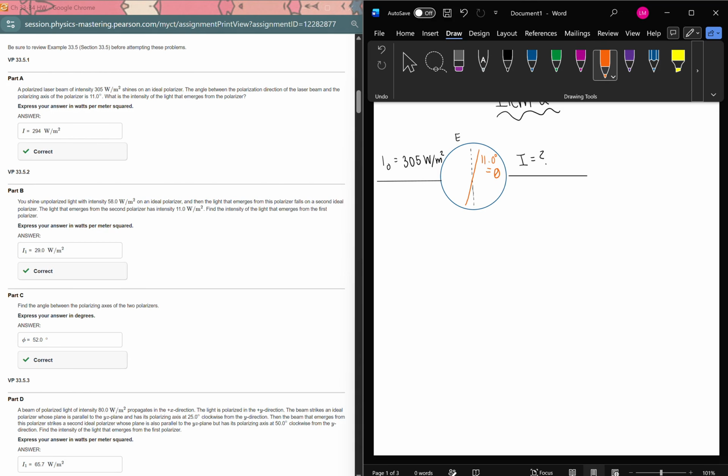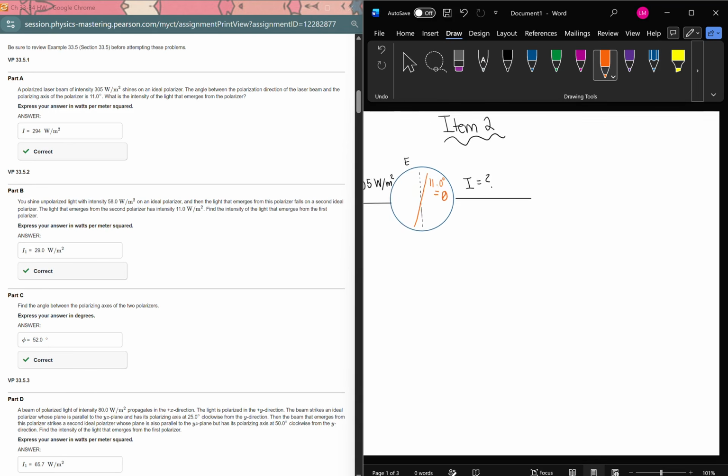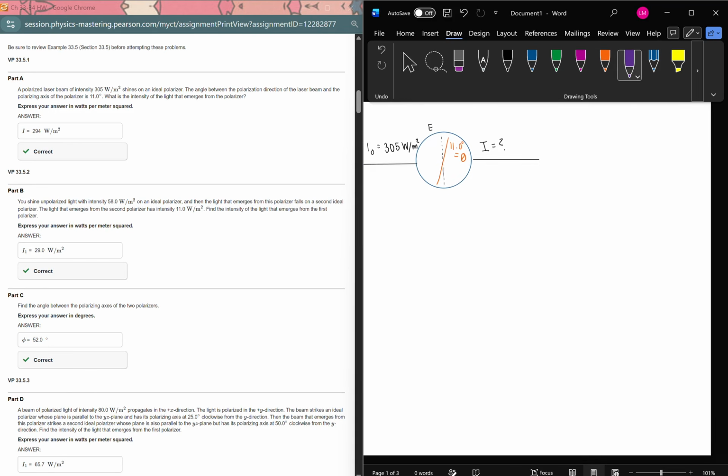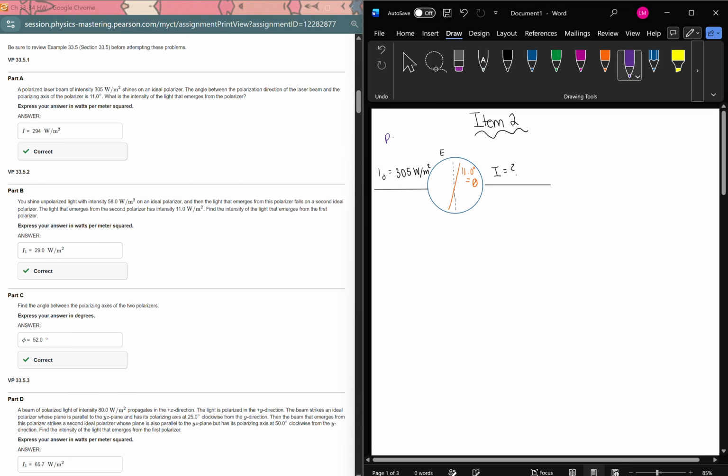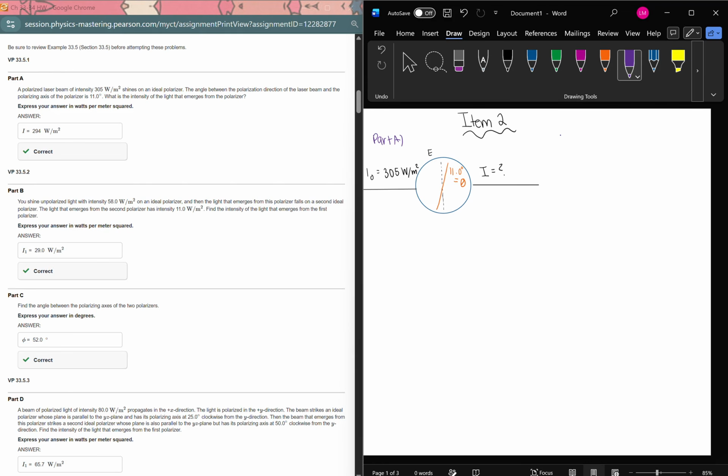So we are going to use the equation that was given in chapter 33, which is called Malus's law. So let me go ahead and write it. Okay, so this is gonna be the equation of Malus's law.